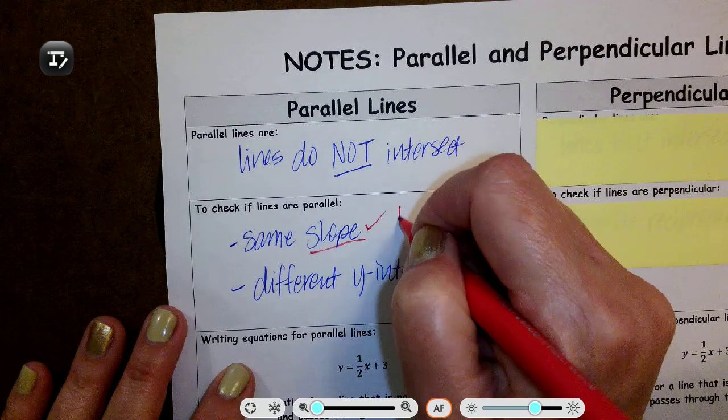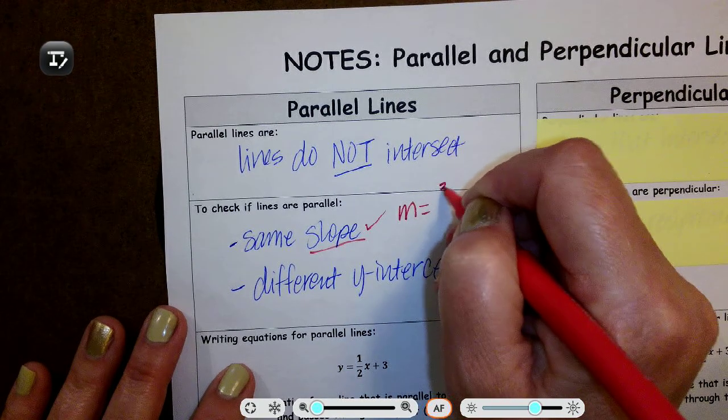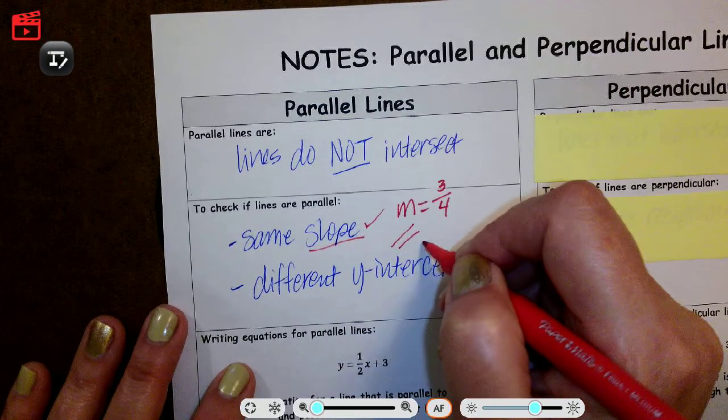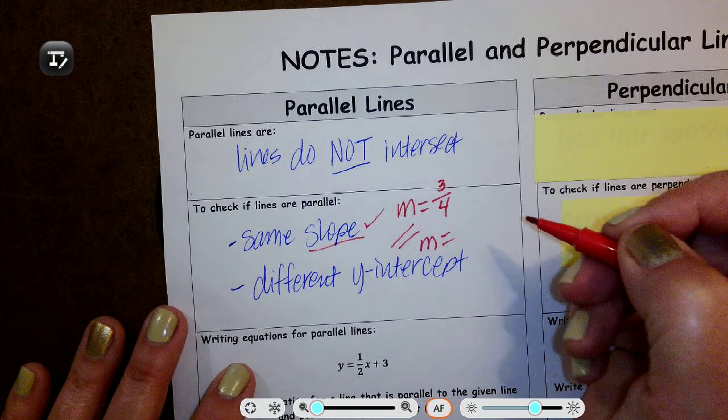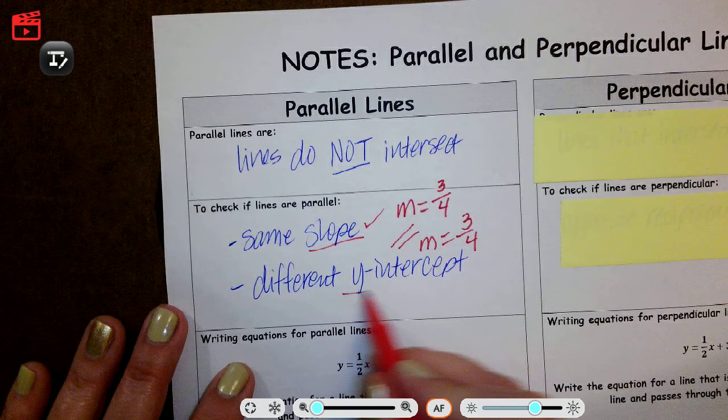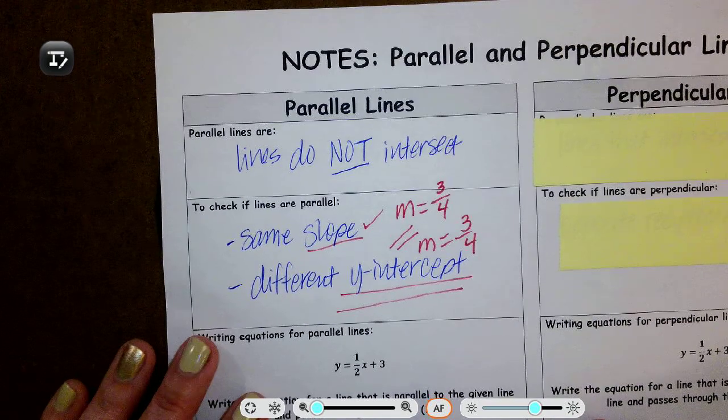So if the slope is 3/4 for the original line, the parallel slope would be, wait for it, still 3/4. But with that different y-intercept, it's going to be a different line.